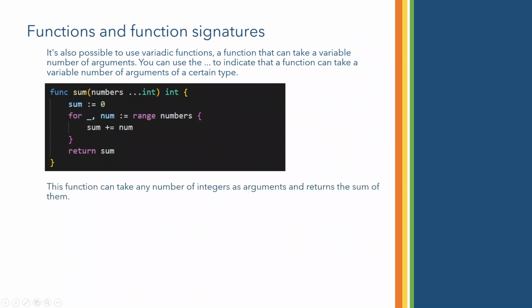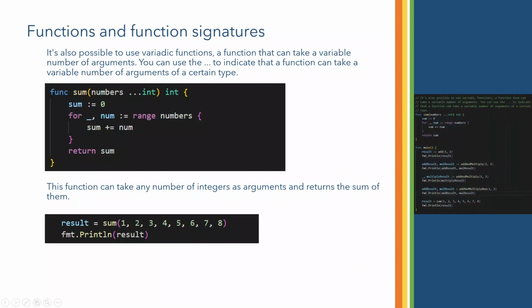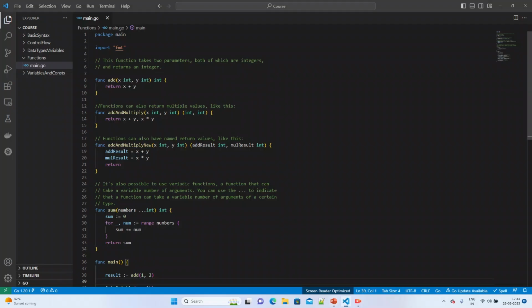Currently we are summing all the numbers, so this function returns the sum of them. You can call it in the main function or any other function like this, sum 1 2 3 4 5 6 7 8, and you will get the sum of all these numbers and can return it. Let us see how it looks in code.